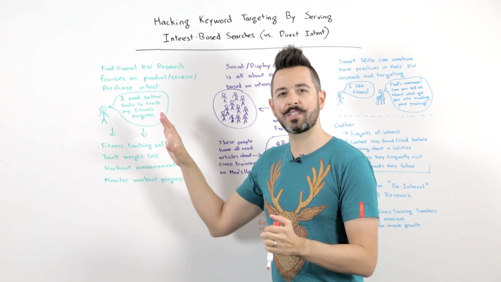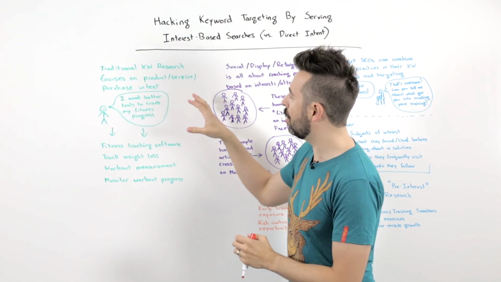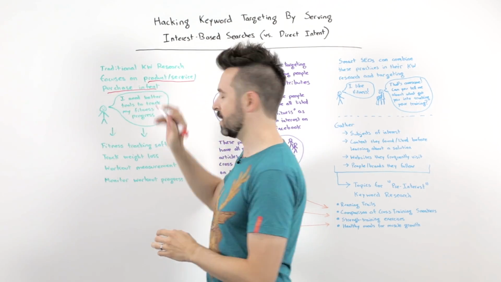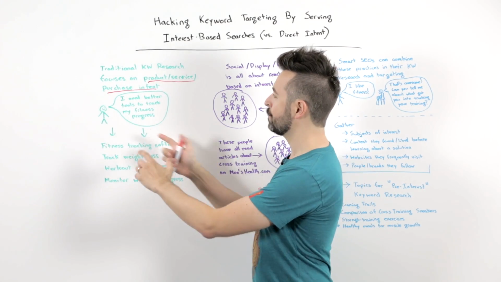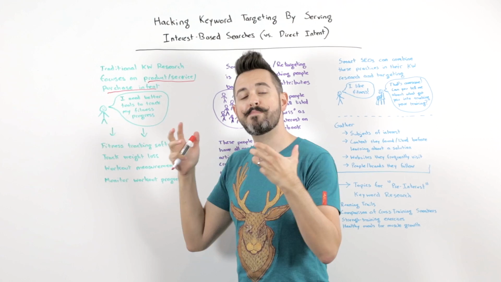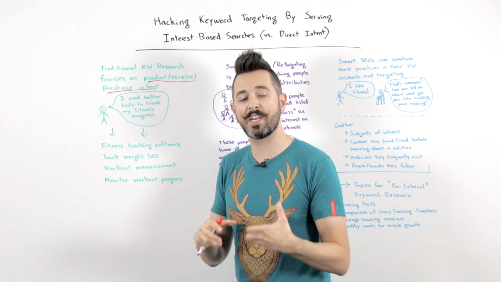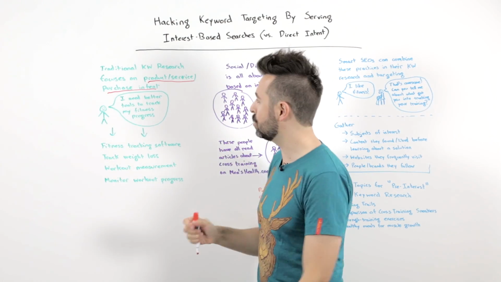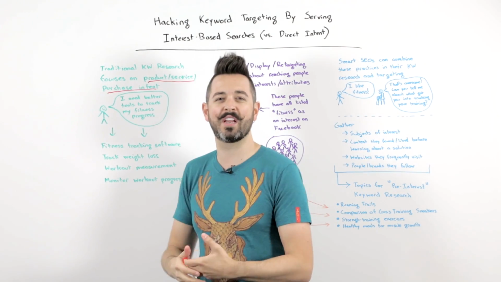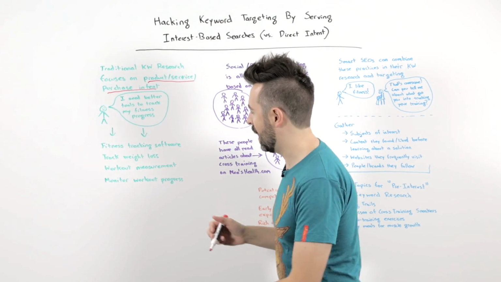So classic traditional keyword research, right, is all about focusing on the product or service's purchase intent. Meaning, let's say Charles over here, and Charles needs to better track his fitness, right? He knows that what he'd like to be able to do is get some tools to track his fitness. Maybe he's looking at a Fitbit or something like that.